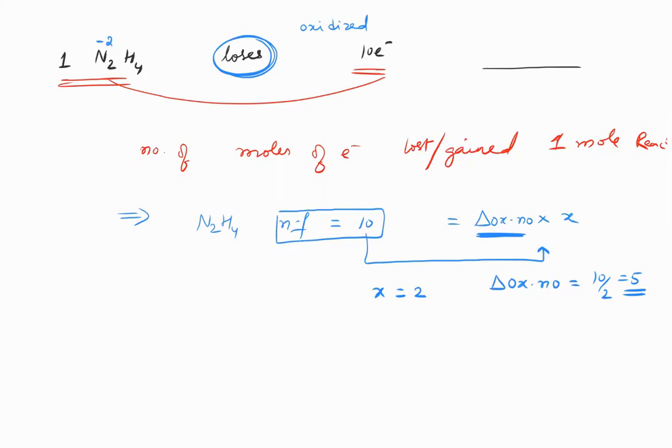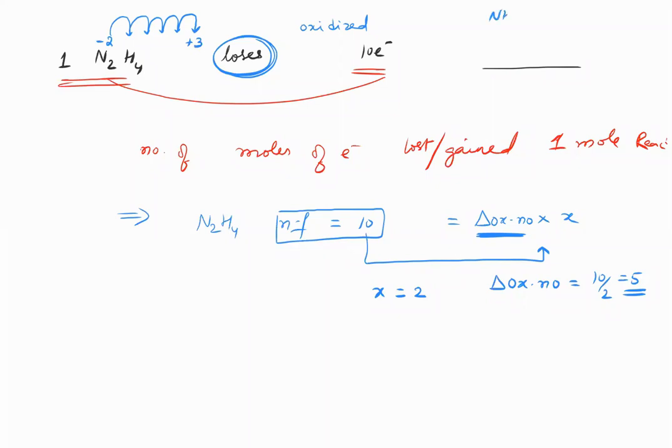Here nitrogen is -2. Oxidation number is -2. And each nitrogen has to change by 5 units. So jump 5 places: -1, 0, 1, 2, and 3. I have jumped 5 places. So the final oxidation state has to be N in the +3 oxidation state.